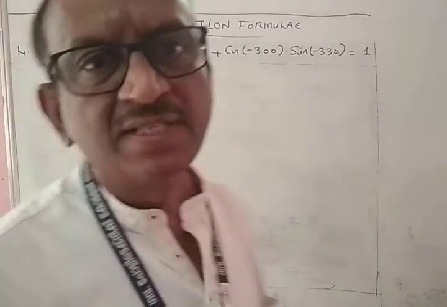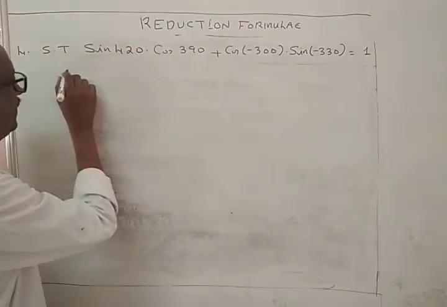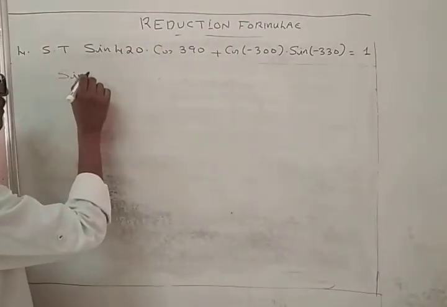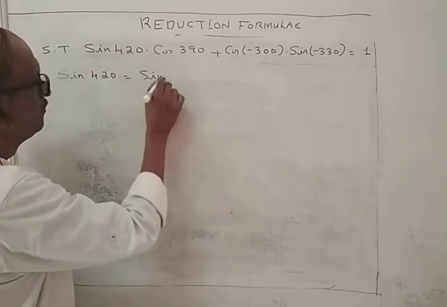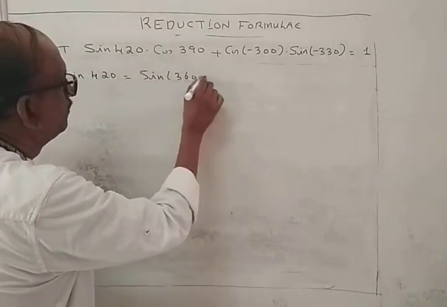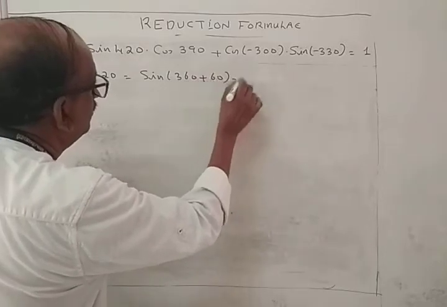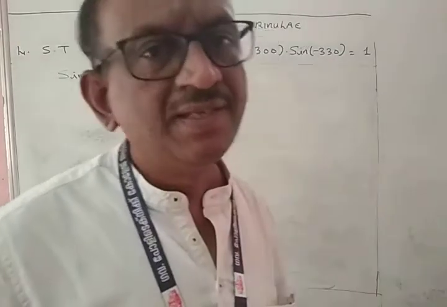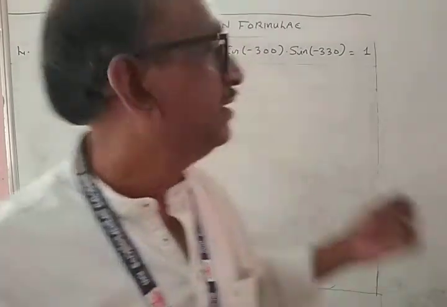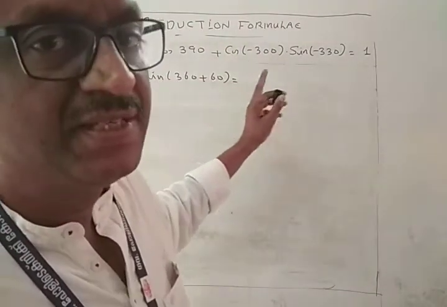We can express the sin 420 as 360 plus 60. 360 is equivalent to 0. Therefore, sin 360 plus 60 is the same as sin 60.